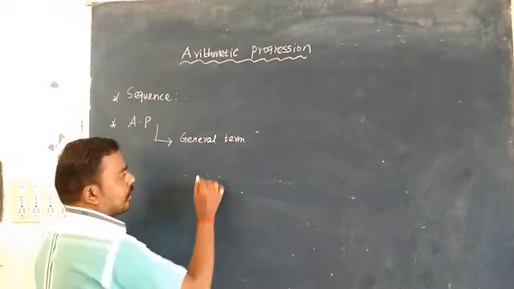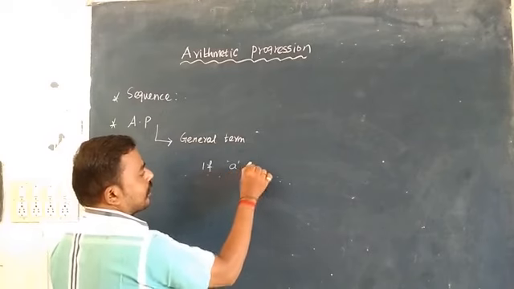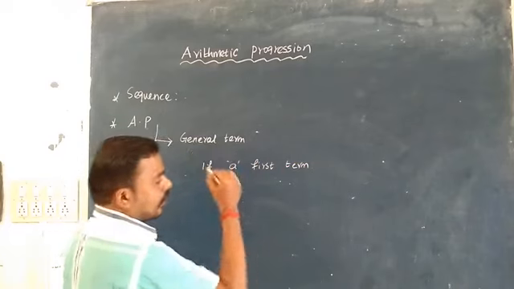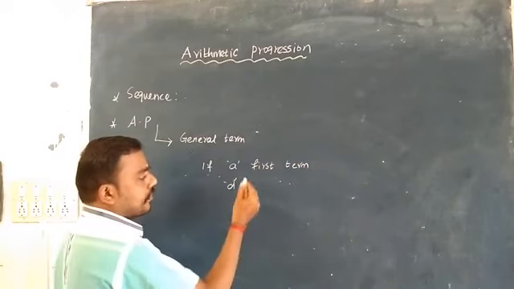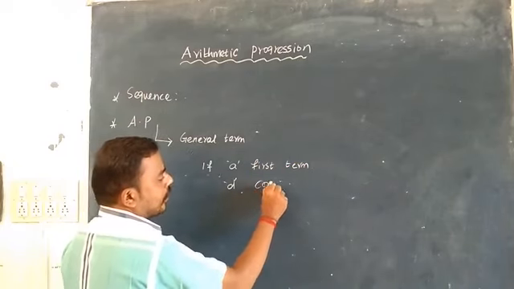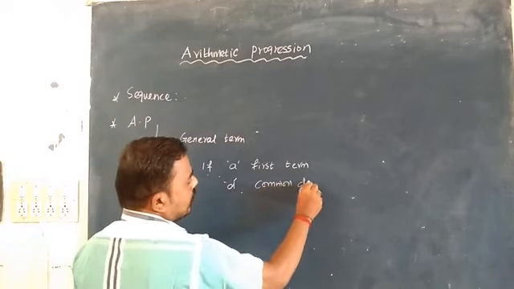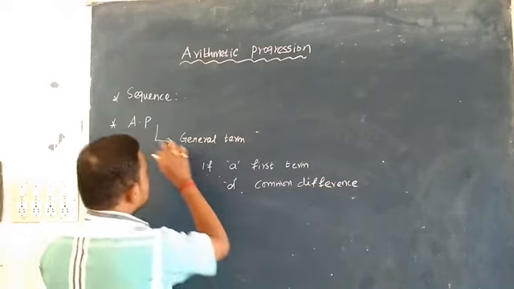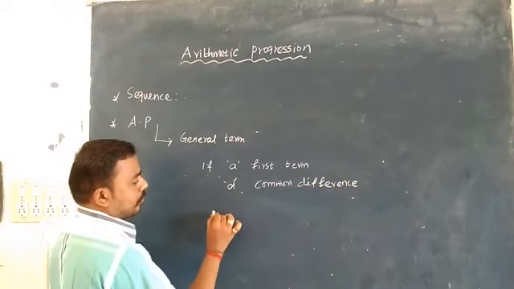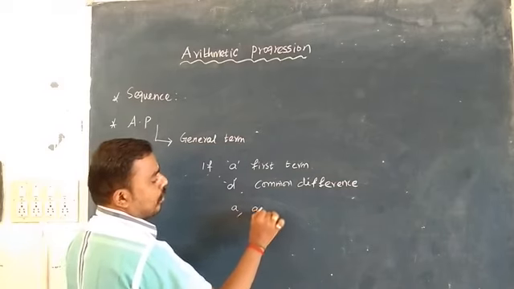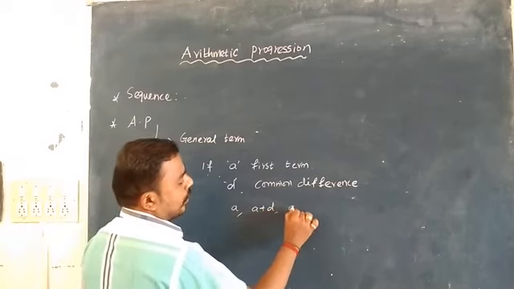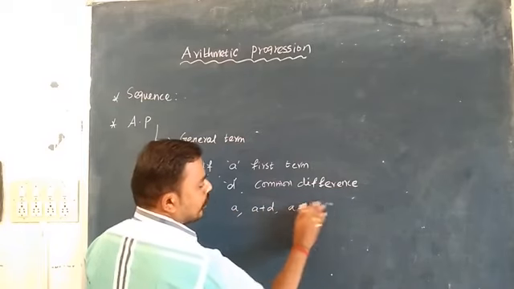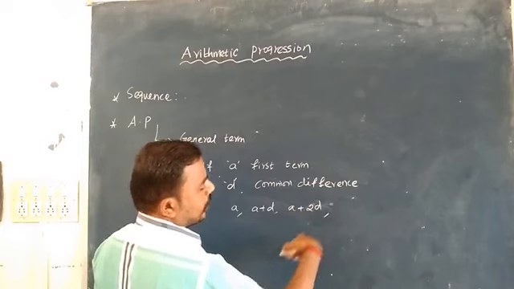So for the general term, if A is the first term, and D means difference, which we call the common difference, then the arithmetic progression general form is A, A plus D, A plus D plus D. Once again D is added, so 2 times D. That's why we can write A plus 2D.